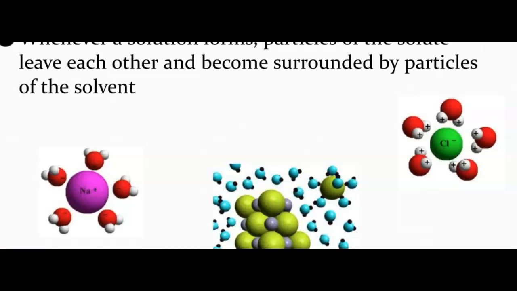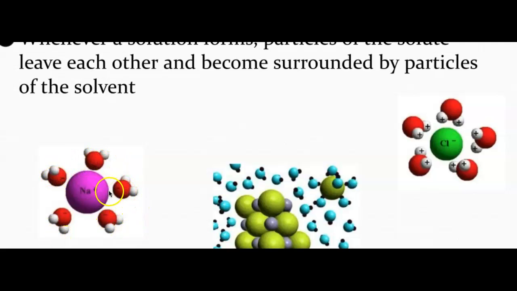Now, when particles are in solution, remember, let's use water as our example. If it's an ionic compound, like salt, table salt, sodium chloride, it's going to break apart into its separate ions. If you notice here, sodium has this positive charge. It's a positive ion. So the oxygen end of the water molecule will surround it.